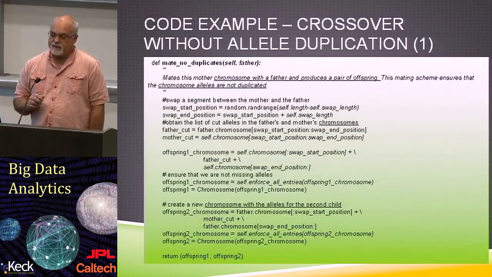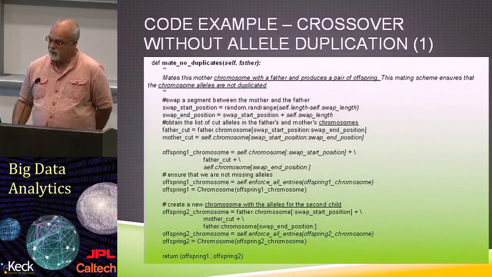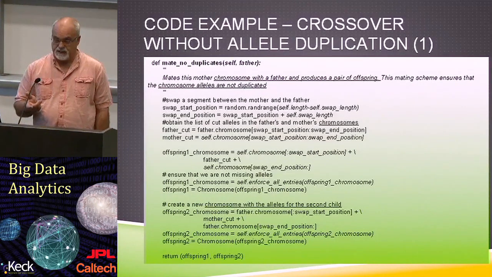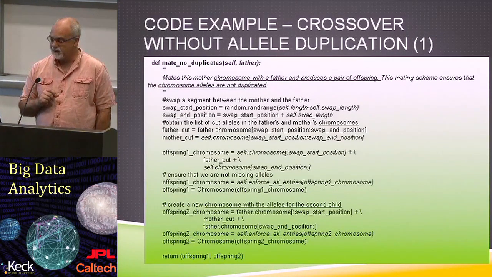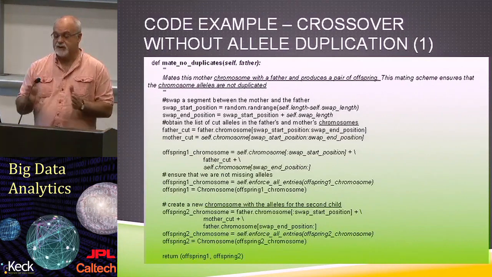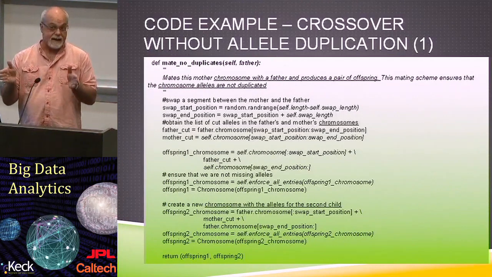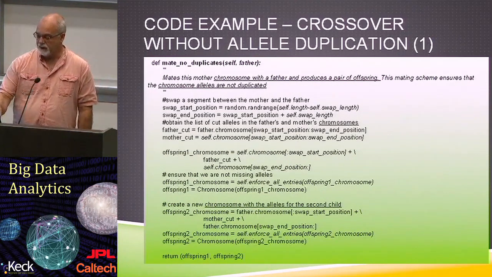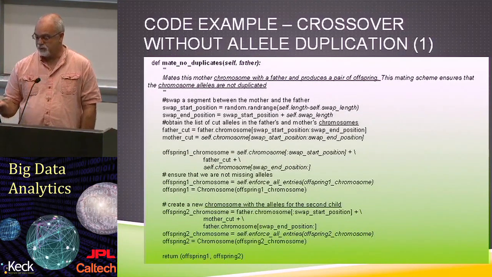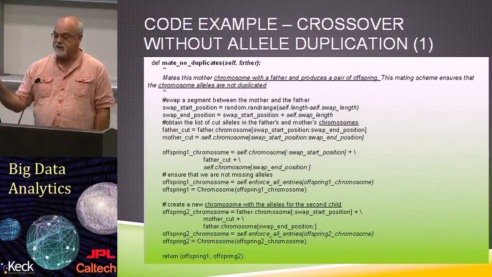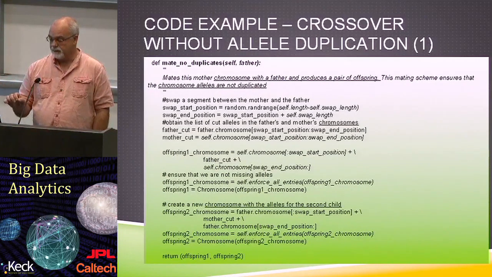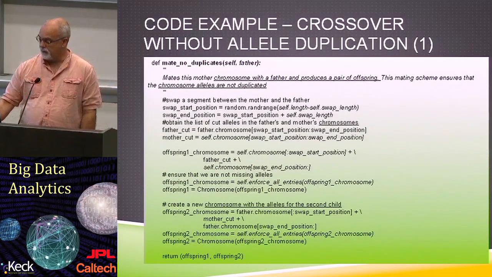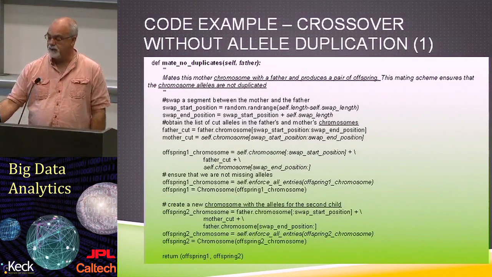This is an enhancement of the previous slide's code, but here we're trying to avoid this duplication, which we mentioned a couple of slides ago, which is where we need to preserve the fact that in the case of a travelling salesman problem, we only have city A, for example, appearing once in the list. And so this is the code which ensures that if there are any alleles missing out of the offspring, then they're replaced with the duplicated alleles in that chromosome.